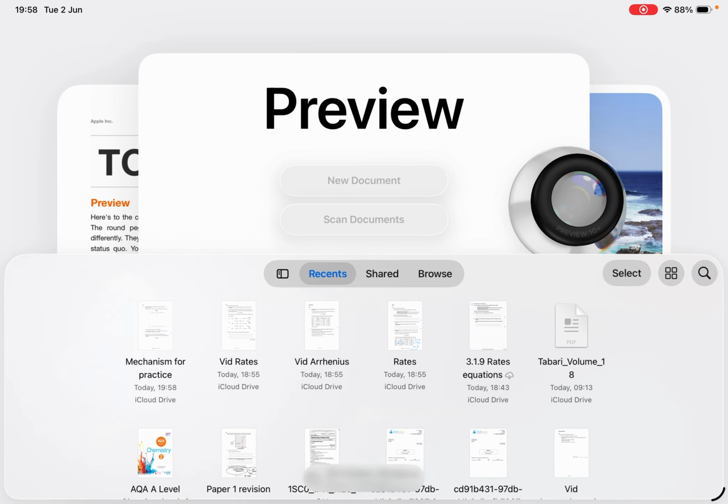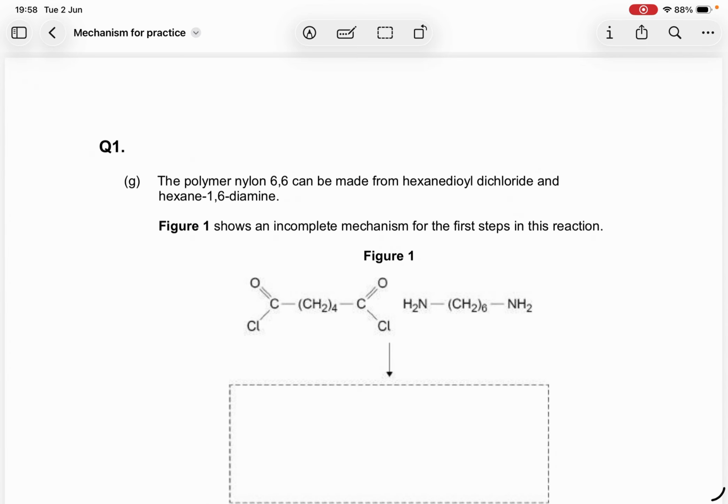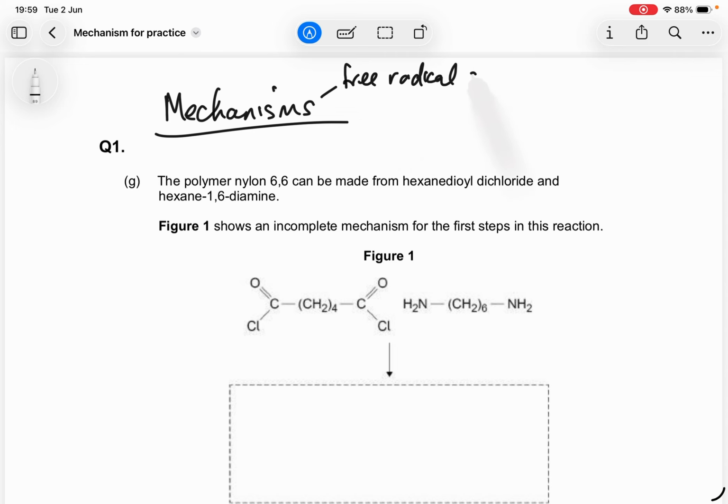This video will focus on mechanisms, a key topic in paper 2, and this is the basis of organic chemistry. So just to summarize for you, I do have another video on my channel on mechanisms, but the mechanisms we're looking at is free radical substitution, and that occurs when alkanes react with a halogen like chlorine in the presence of UV light.